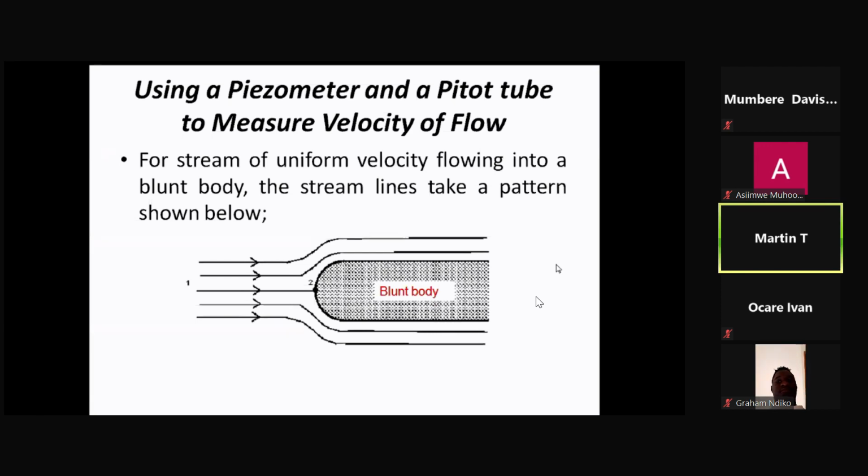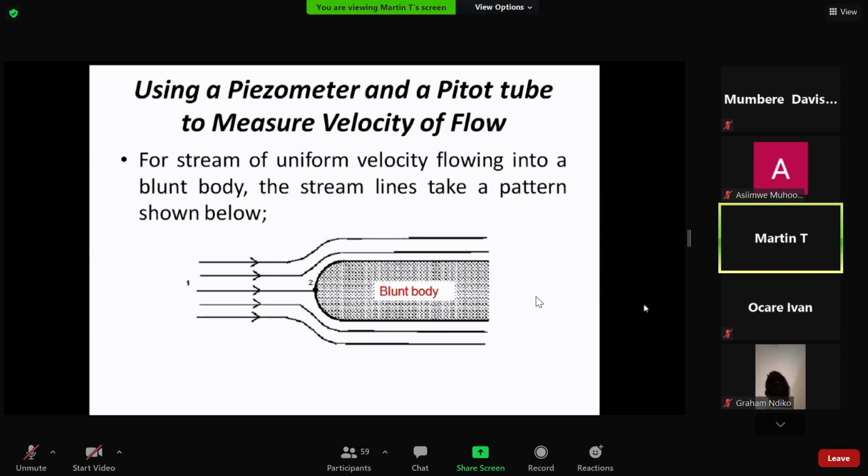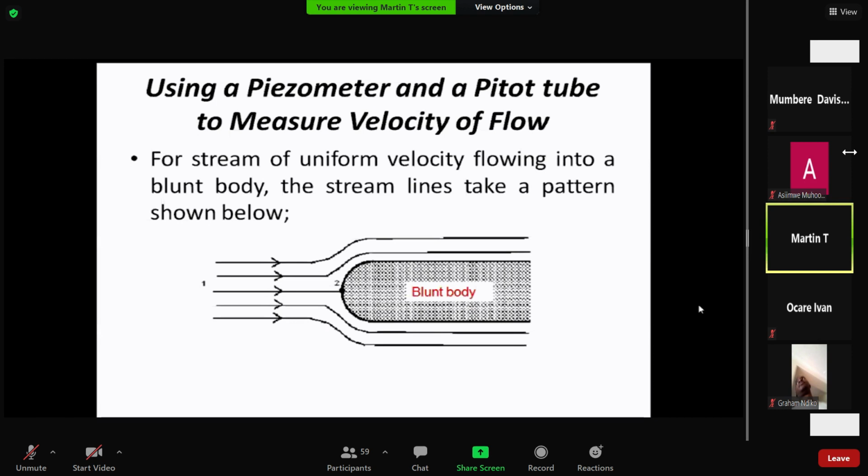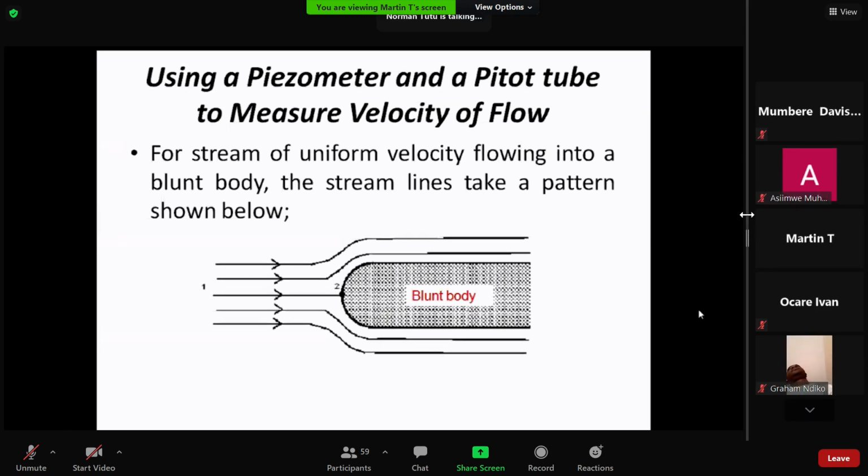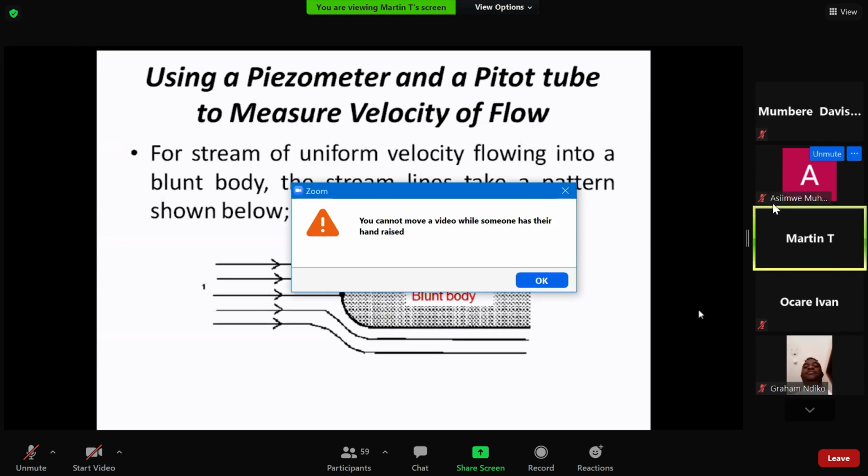We remember Bernoulli's equation. Who can remind us? Are you people there?